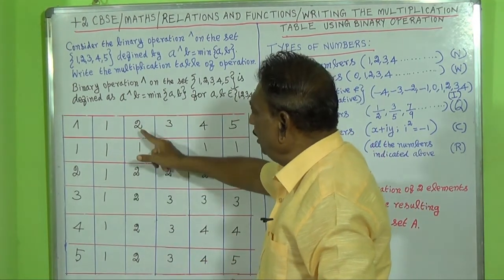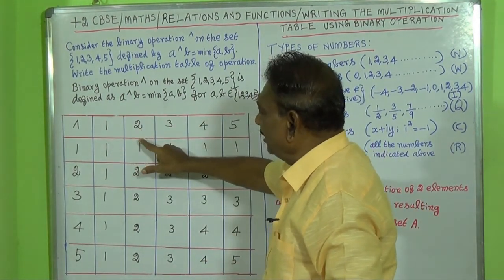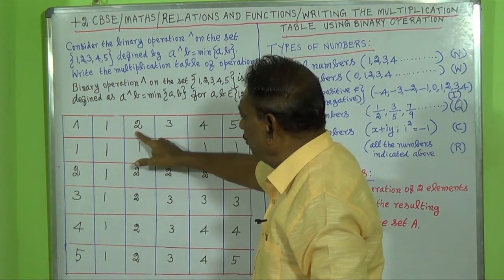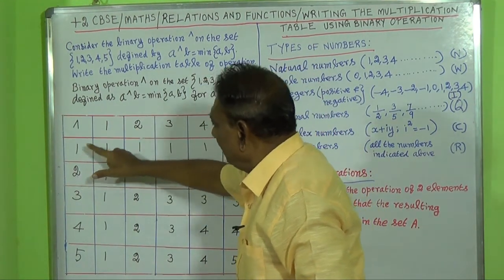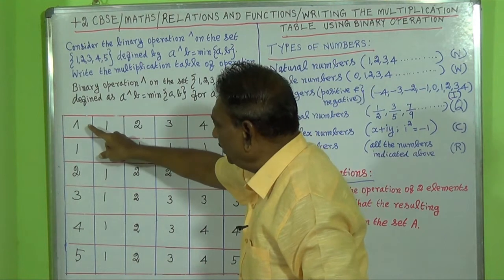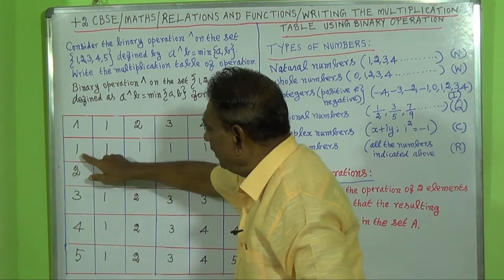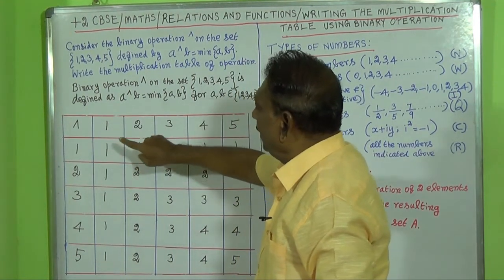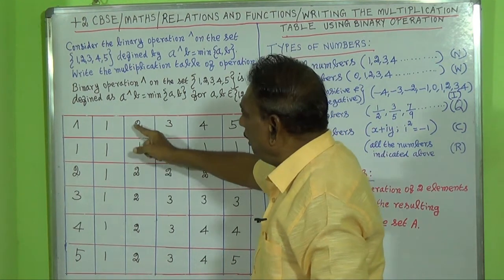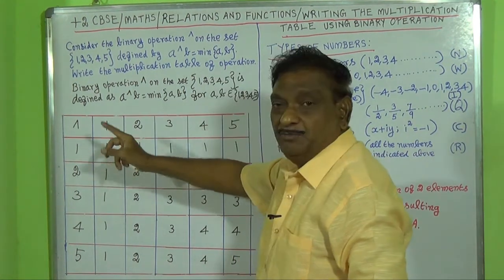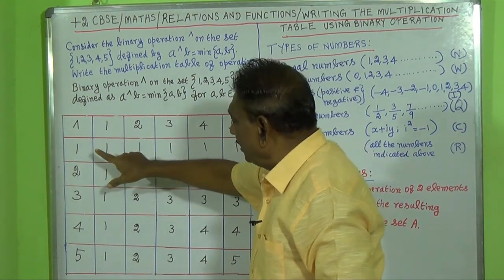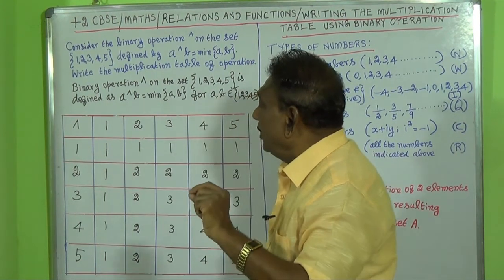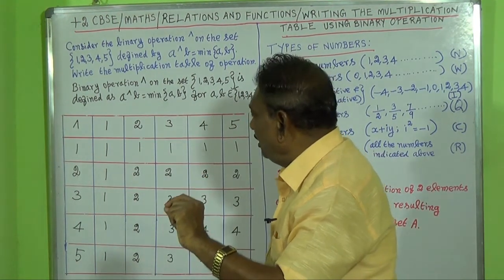Then we are going to consider the elements 2 and 1. When 2 is binary operated with 1, we will get the minimum of these two. The minimum of 2 and 1 is 1.